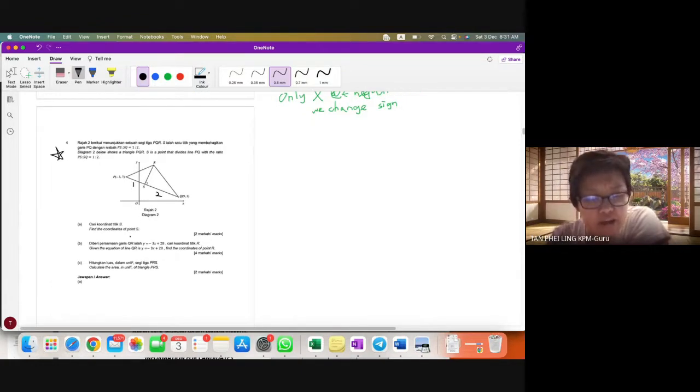Find the coordinate of point S. Okay, so point S here, you have to use the divisor. Remember the divisor? Where you will take each X, multiply with the further ratio. So this one multiply here. Another one, 9 will multiply with 1. Okay, so let's do it.